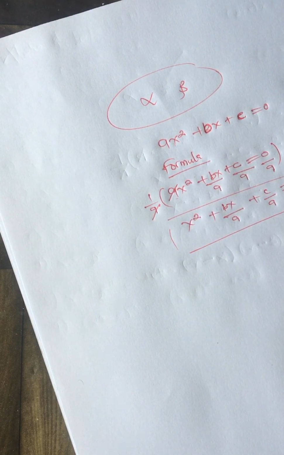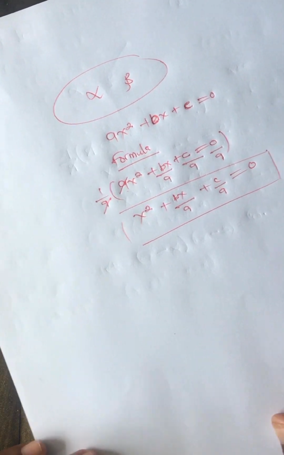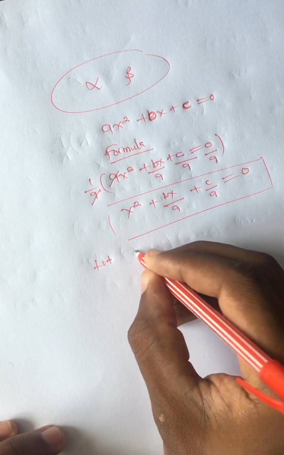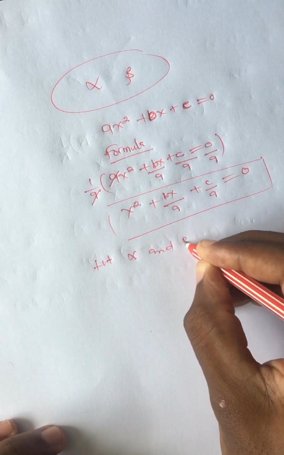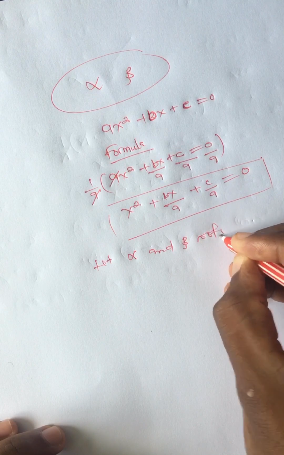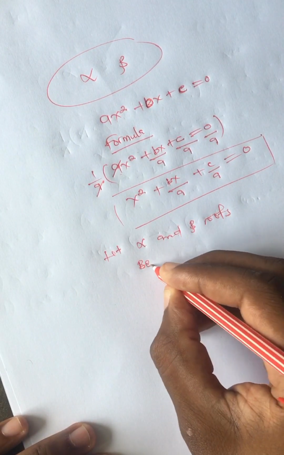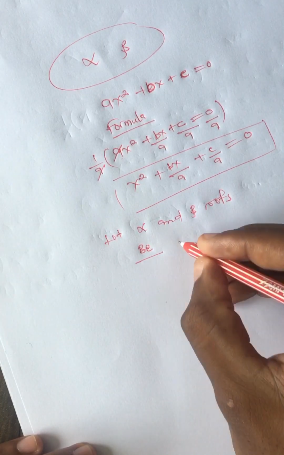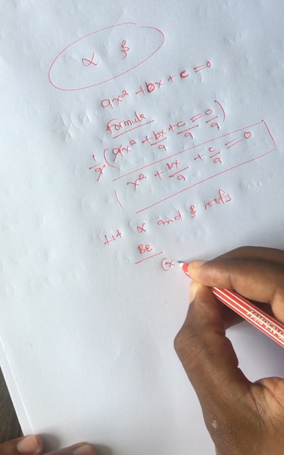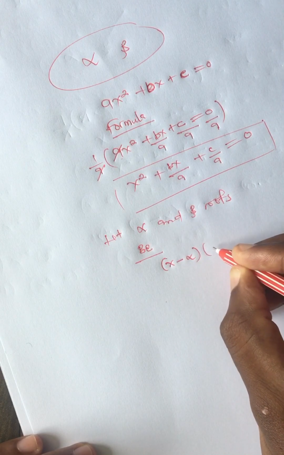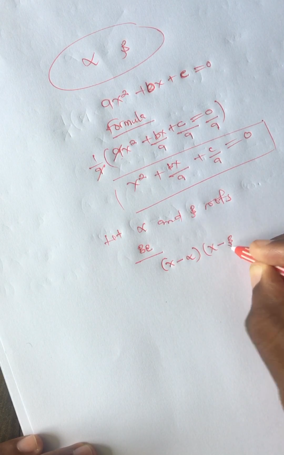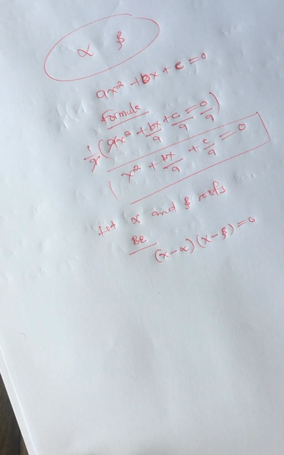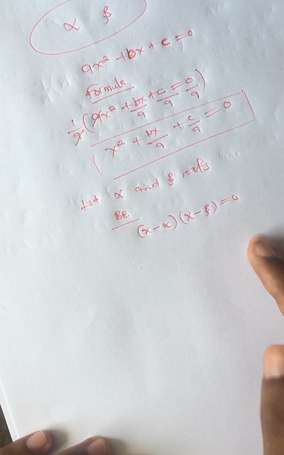Okay, then we can say let the alpha and beta roots be such that x minus alpha, then x minus beta, is equal to 0. From here we can expand.